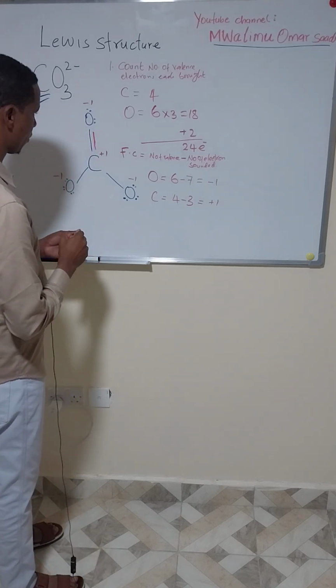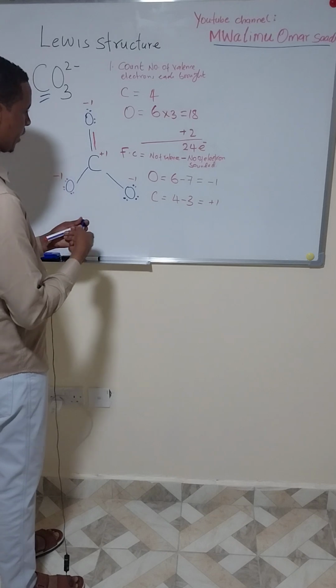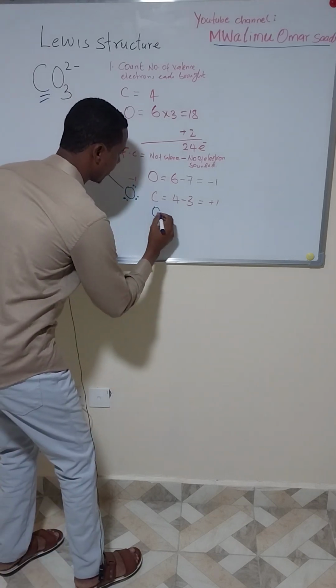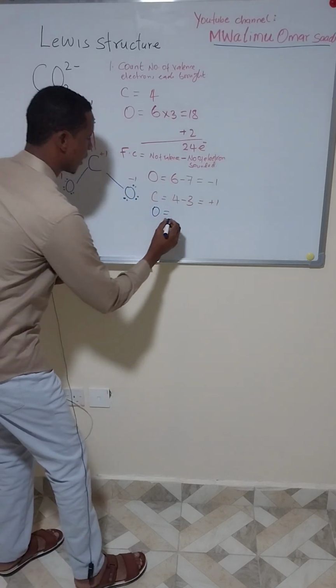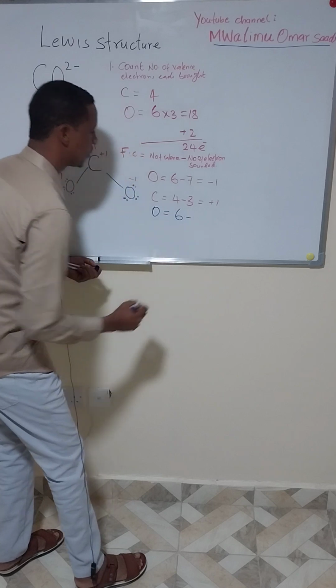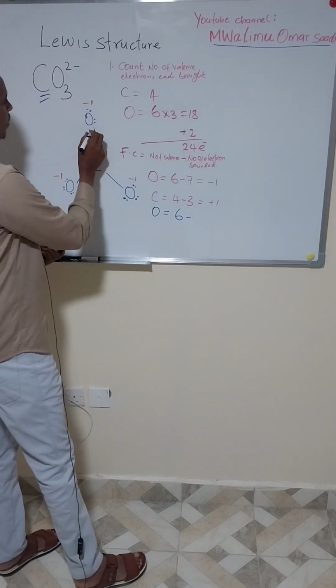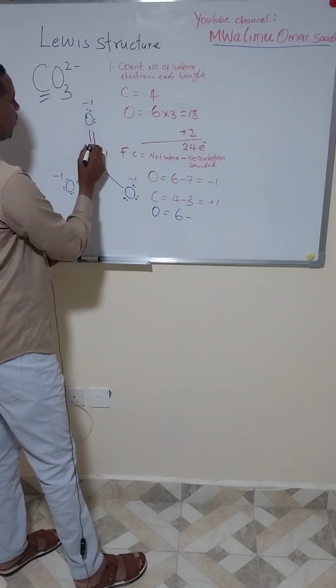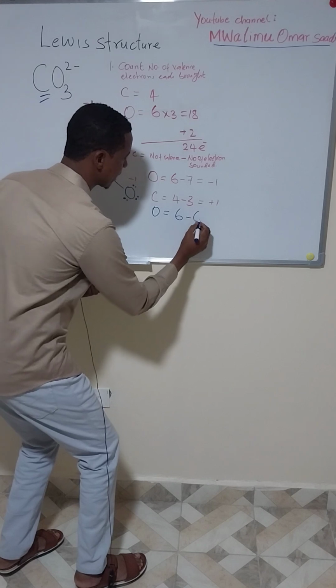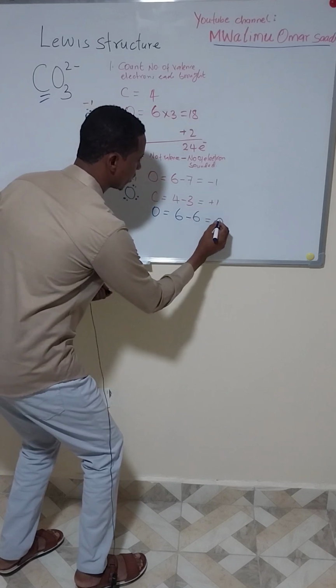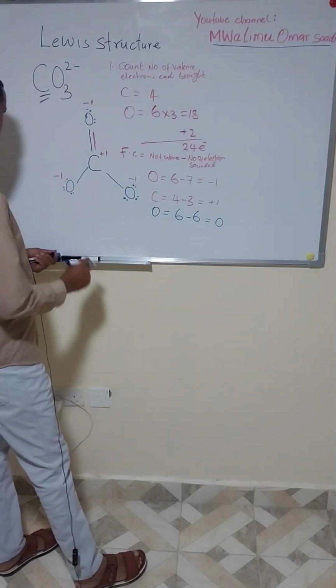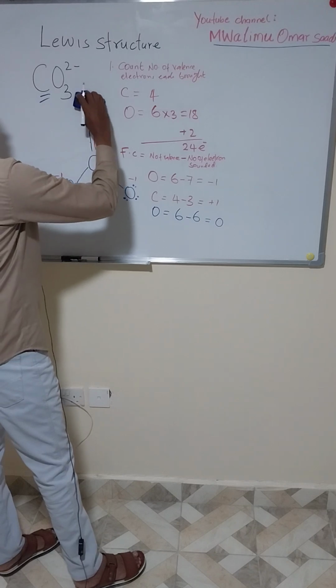So the formal charge of oxygen will be, since oxygen has 6 valence electrons, minus surrounded by 1, 2, 3, 4, 5, 6, so minus 6 electrons, 0. So the formal charge of oxygen will be 0.